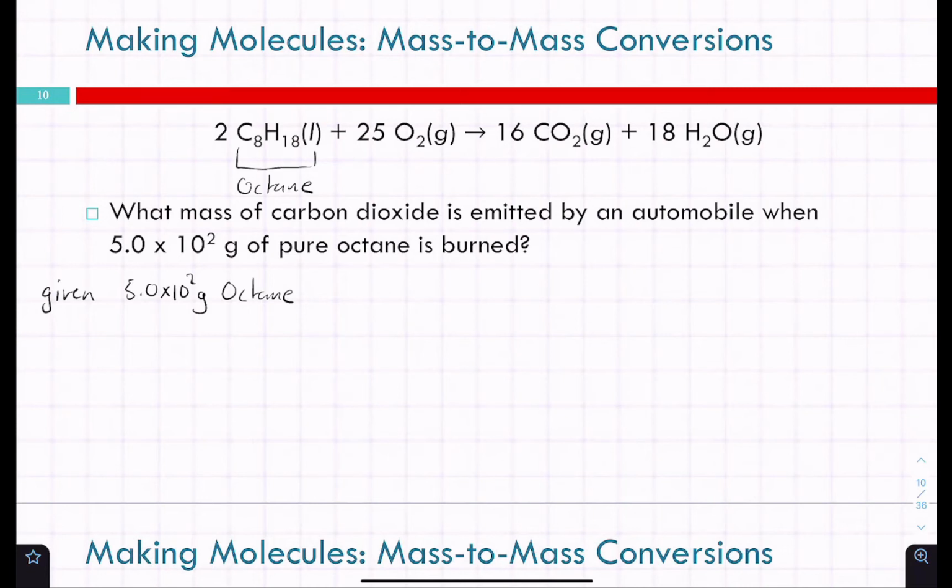And we're looking for not just moles of CO2, but it says what mass. So mass is going to be in grams. Because this says mass, that's grams of carbon dioxide. So we're going to find grams of CO2.